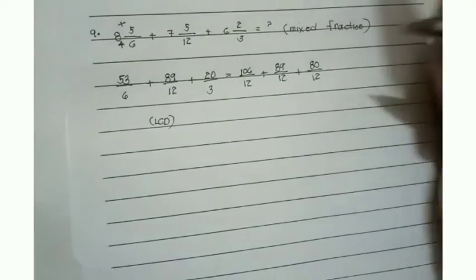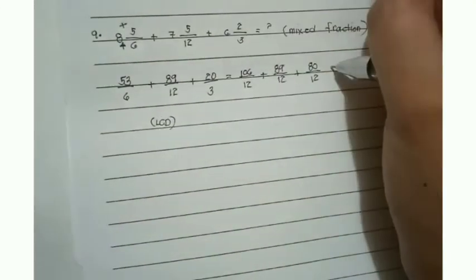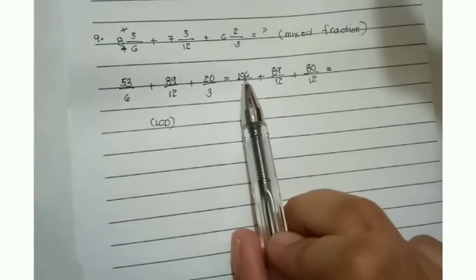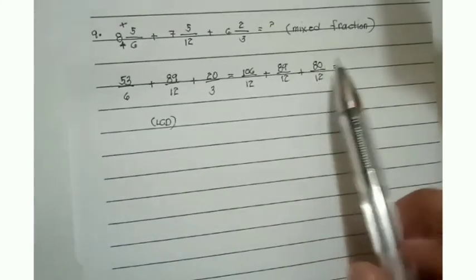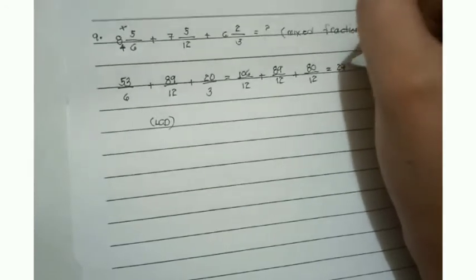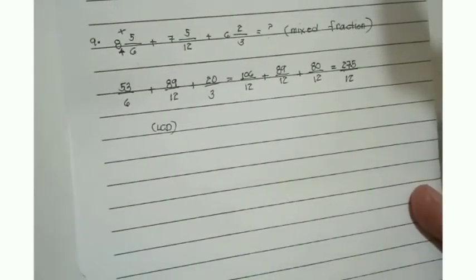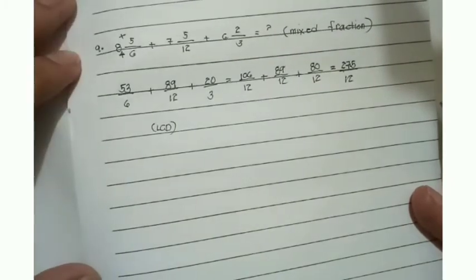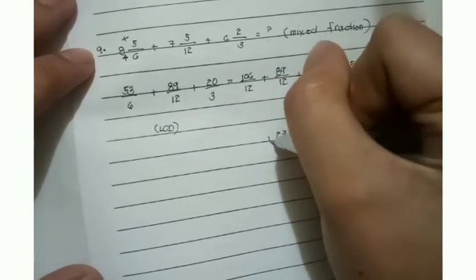Dahil pare-pareho na sila ng denominator, kaya pwede na natin silang ipag-add. 106 plus 89 plus 80 is equal to 275. Then, copy natin yung denominator, which is 12. So, yung nasa choices, naka-mixed number ulit siya, kaya let's convert this into mixed number. 275 divided by 12 is equal to 22.